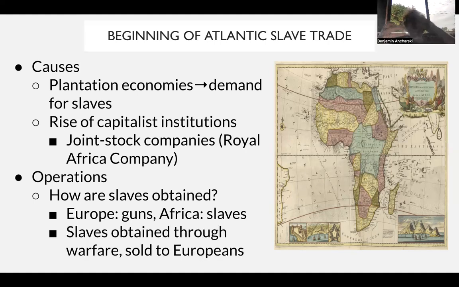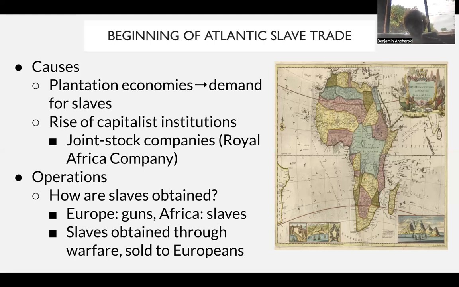And we are going to see that African states will emerge to capitalize on this slave trade, as we're going to see later on. There will be a lot of warfare in West Africa to accommodate this slave trade relation between African societies and European companies.